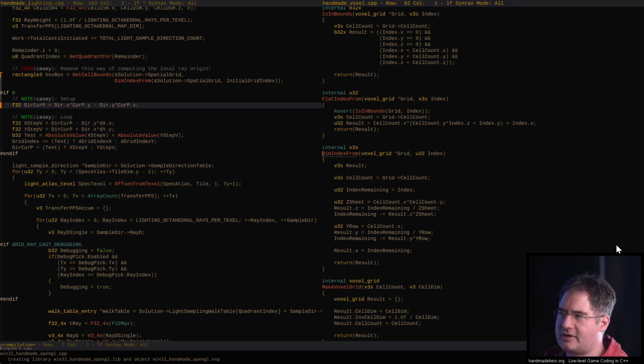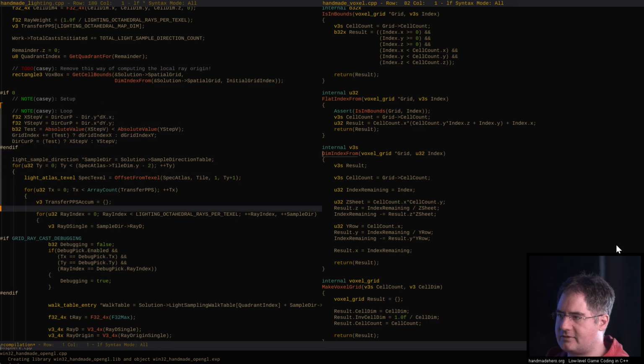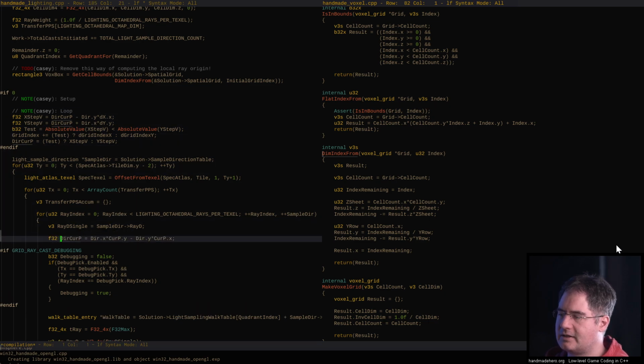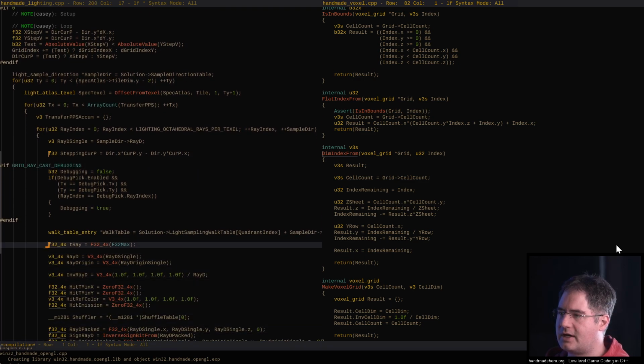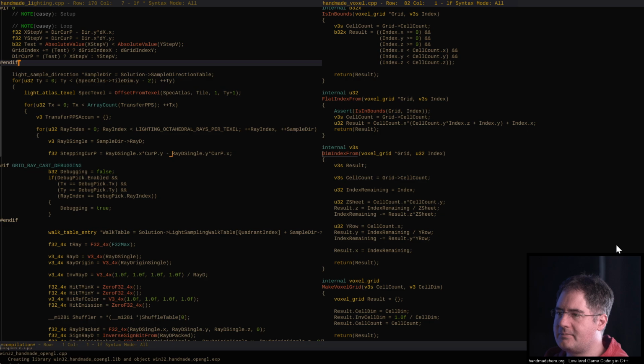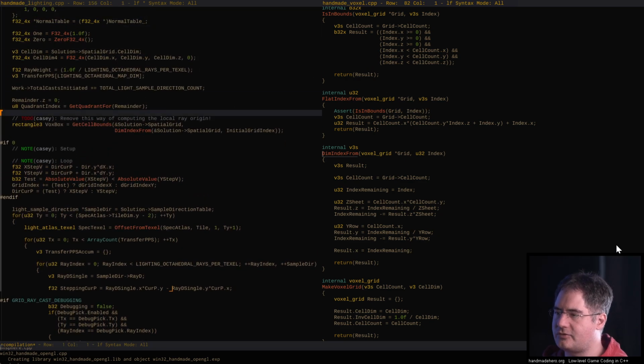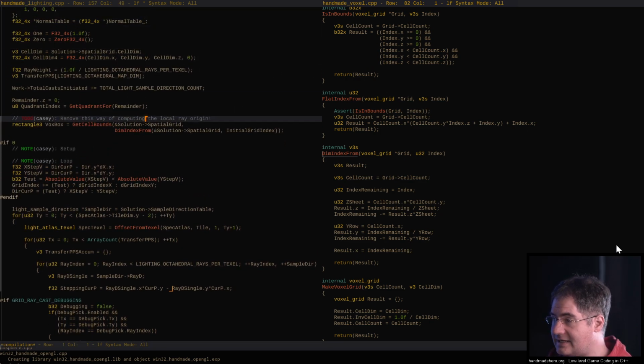So in order to set up our dir cur p, this value, which is for stepping, maybe I'll call that stepping cur p or something, right? We know that when we set up the ray index before we enter the loop, that value has to have the ray d single's x value and the ray d single's y value, which come out of these two, times cur p and cur x. So those are the two values that we actually need.